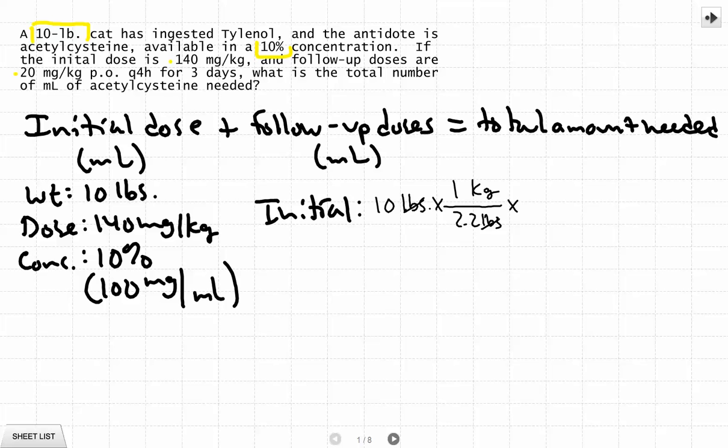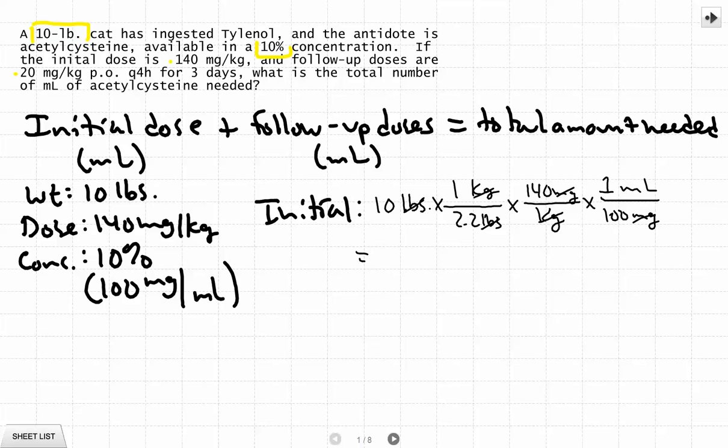And then we want to multiply by the dose, which is 140 milligrams per kilogram. So that'll get us out of kilograms and into milligrams. And last but not least, we want to change milligrams into milliliters. So that's going to be 1 milliliter contains 100 milligrams of the drug. So that's out of milligrams and into milliliters.